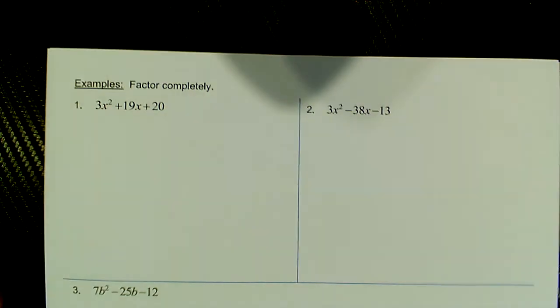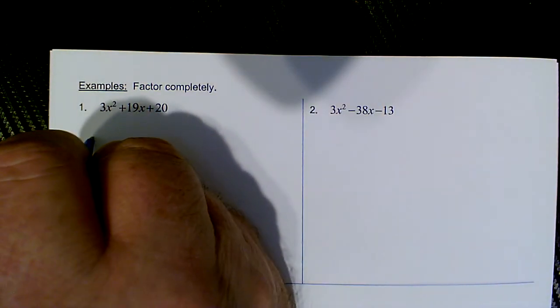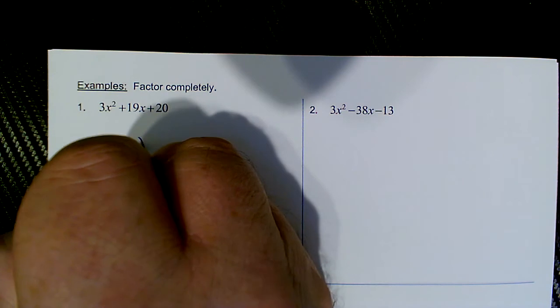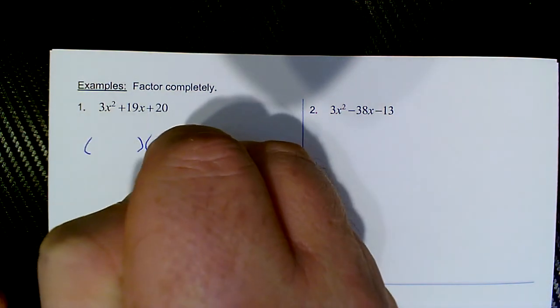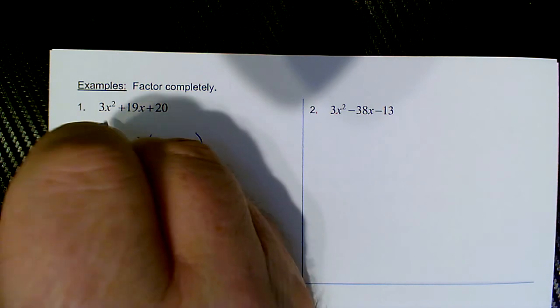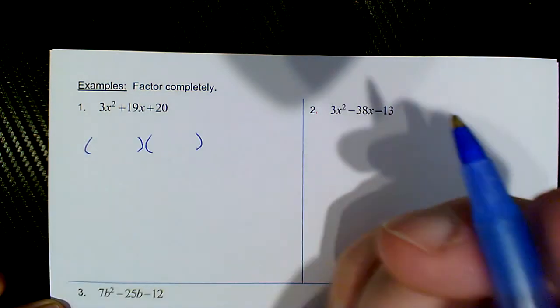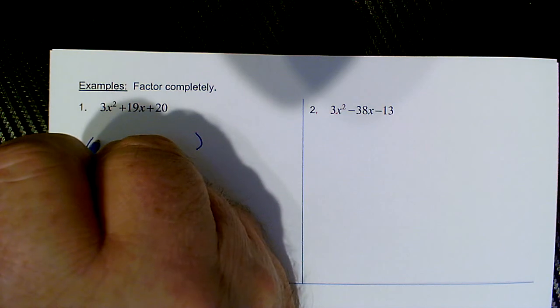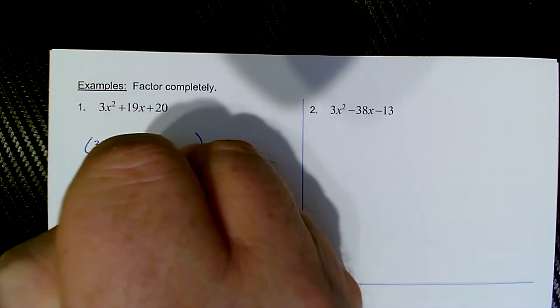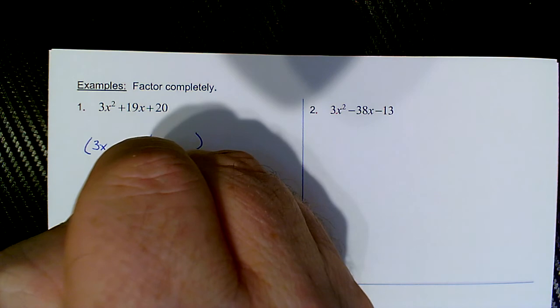Sometimes things don't work out perfectly, but I'm going to squeeze in the solution here so I know that this factors as the product of two binomials, and because the first term is 3x squared, we're going to split it up into 3x and x, because that's the only way for that product to give us 3x squared.